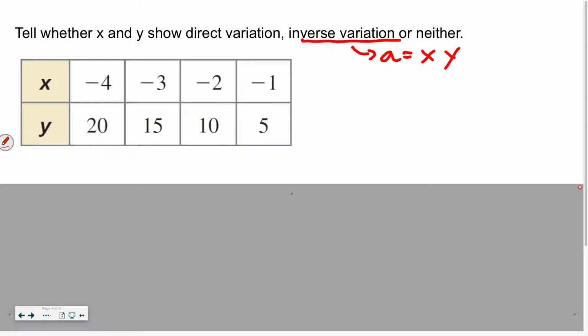And if they vary directly, then a is equal to y divided by x, the quotient of x and y. You could do x divided by y instead; it doesn't matter. So I like to check whether there is a constant relating the quotient or the product of these x and y values. Did anybody find any connection between x and y? y equals -5x.